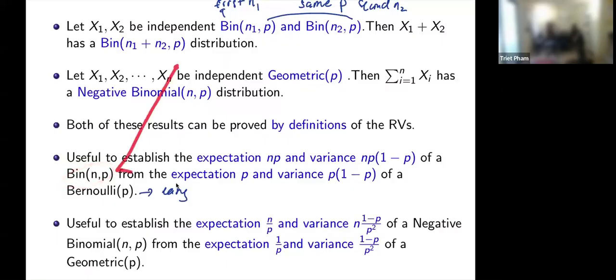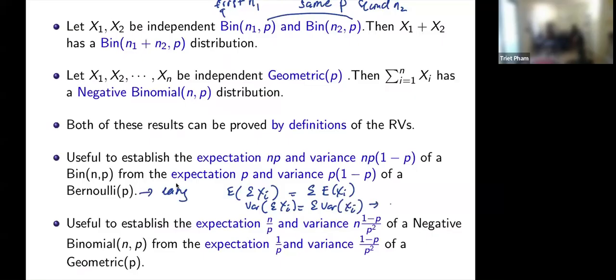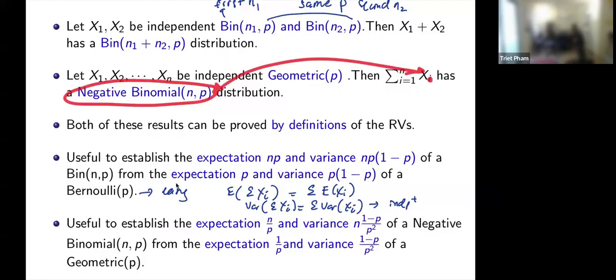So using the sum formulas, the expectation of the sum is the sum of the expectations, and the variance of the sum is the sum of the variances. The second one requires that they are independent; the first is always true. Using these two results, you can establish the expectation and variance of the more complex random variable using those of the simpler random variable.